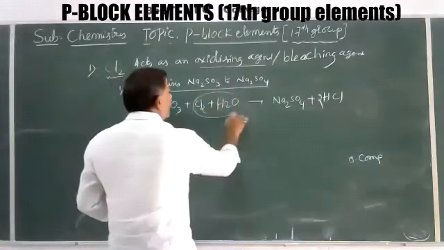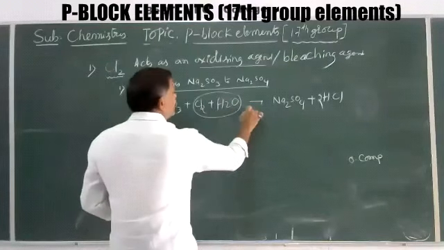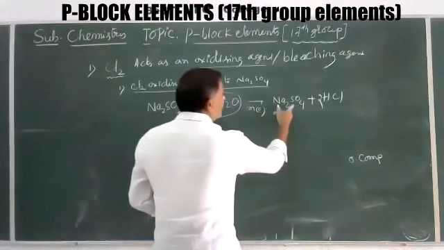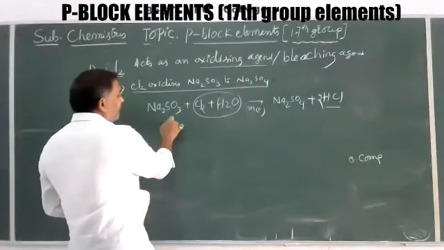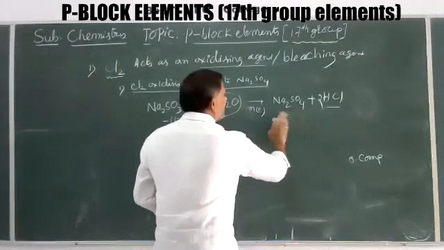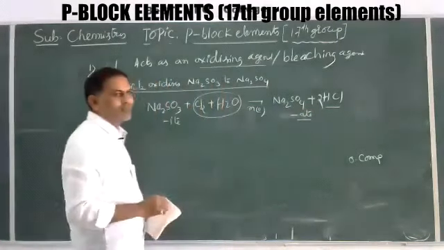So these two react with each other, it gives a nascent oxygen atom. That nascent oxygen atom reacts with this, and it forms Na2SO4 and 2HCl. So sulfite, ITE, is converted into ATE, sulfate; so it oxidizes.